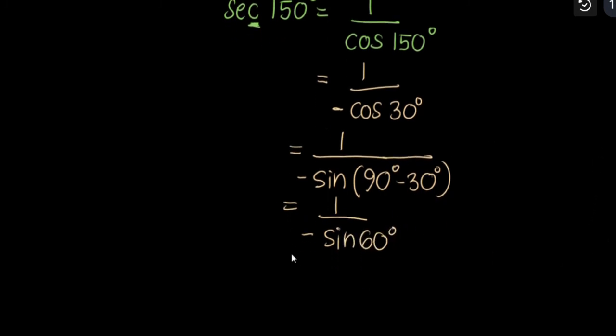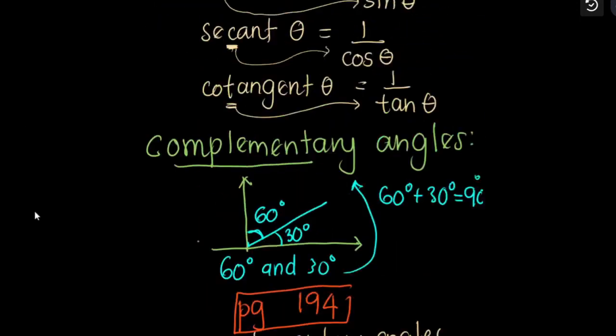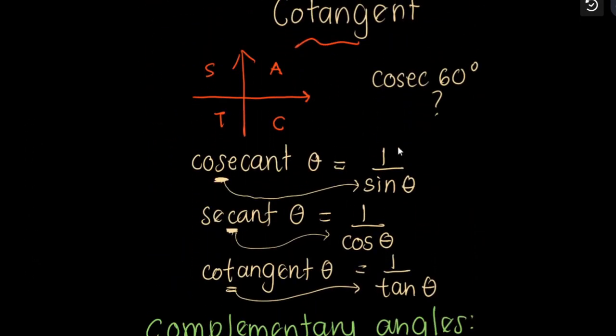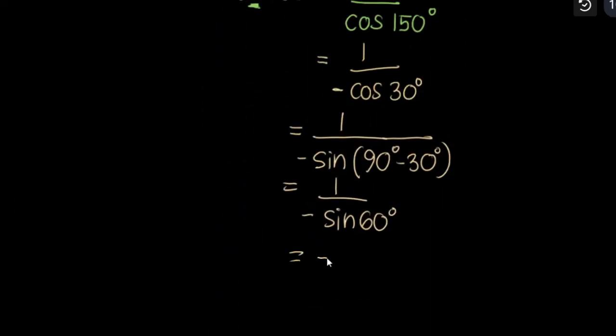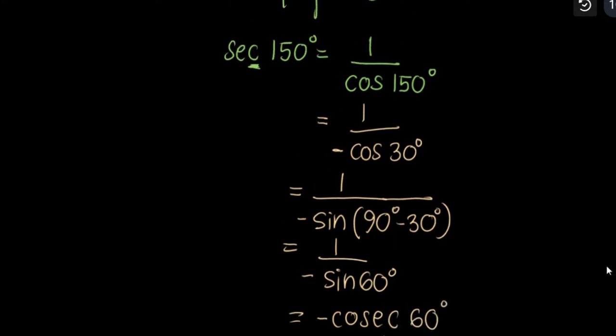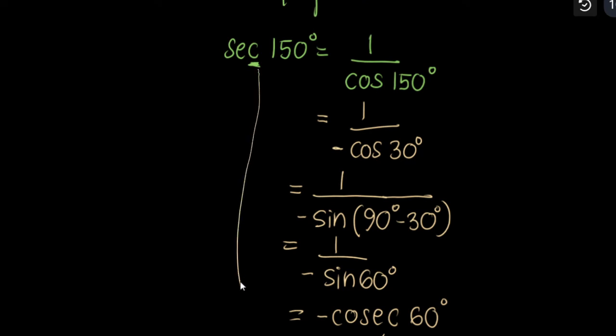And change back, you cannot leave it as 1 over. 1 over sine is cosecant. So we change back to negative cosecant 60 degrees.